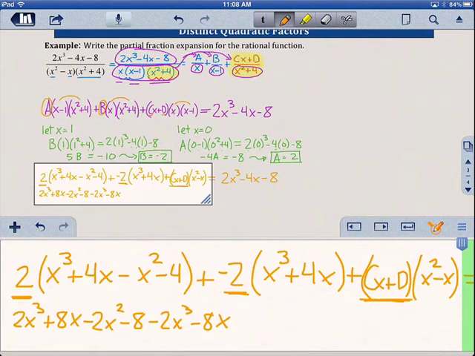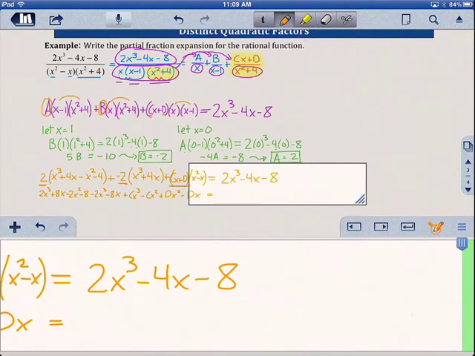Then we'll distribute the cx plus d, so we'll FOIL there. So we get plus cx cubed minus cx squared plus dx squared minus dx. And of course, this is still equal to 2x cubed minus 4x minus 8.